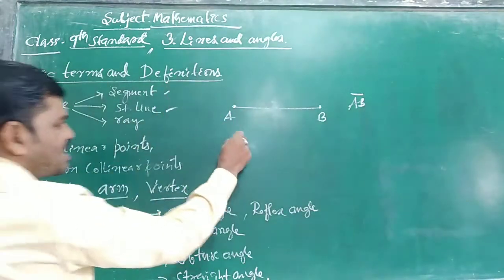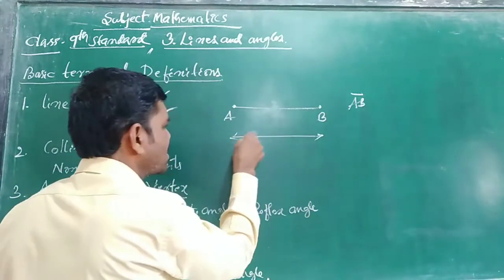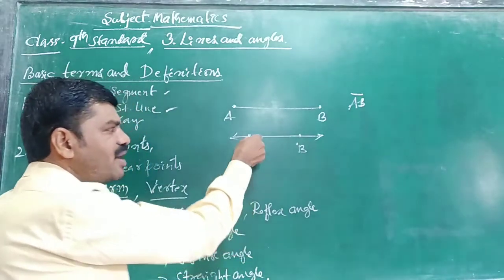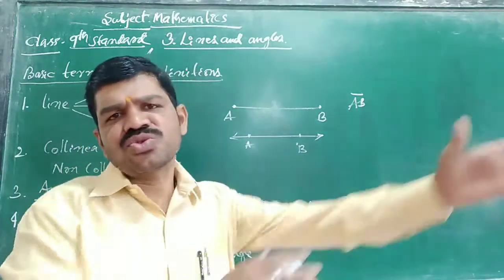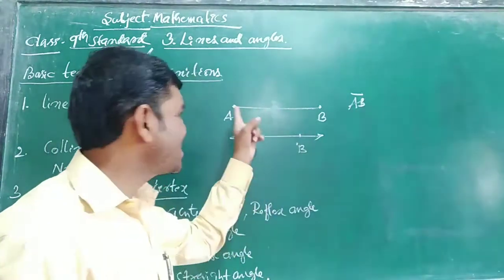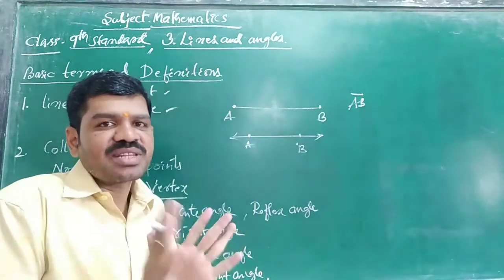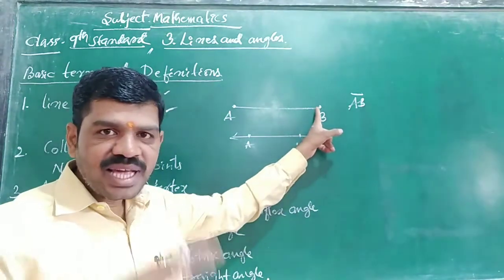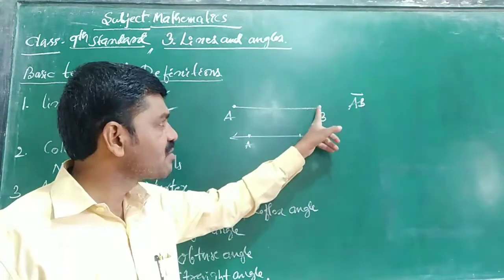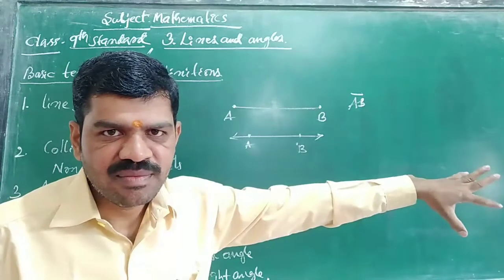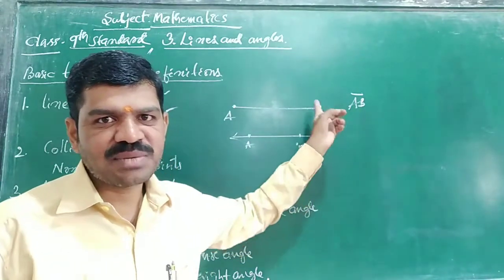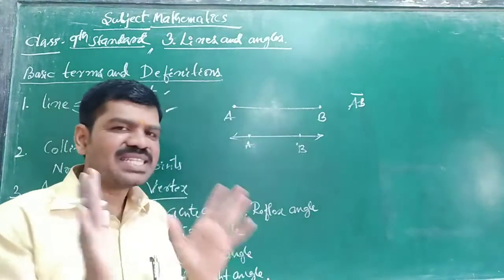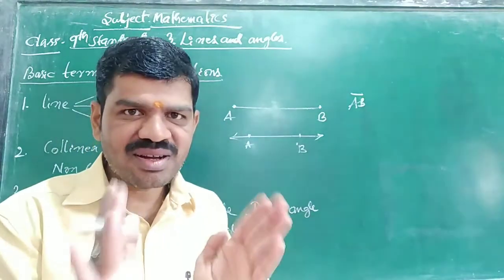So straight line in the sense, we have a point A and we have a point B. In the line segment, it has stopped there itself at the point A, and it has stopped there itself at the point B. No line extended after B. No line extended after A. So this is a segment, part of a line.